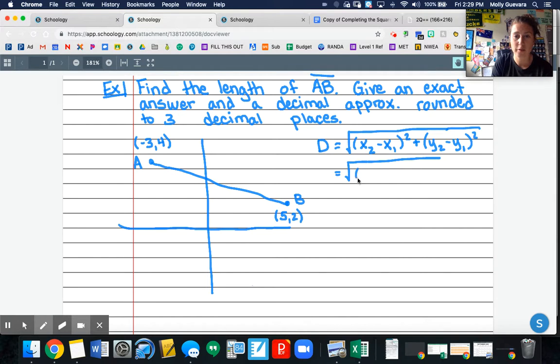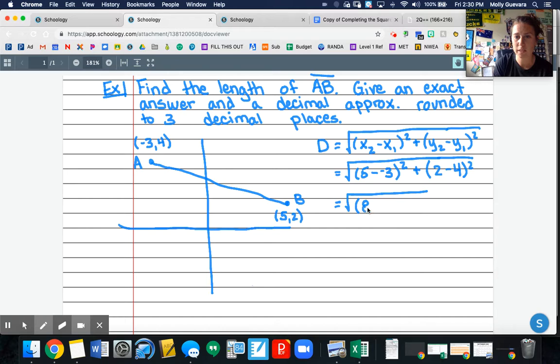So my x2 is 5 minus my x1 is negative 3. And so again, a double negative, that's okay. And then my y2 is 2 minus my y1 is 4. I'm just going to continue to simplify. 5 plus 3 is 8.